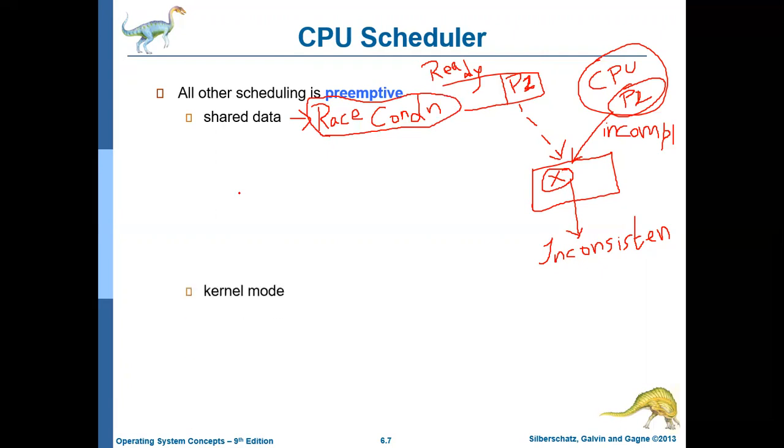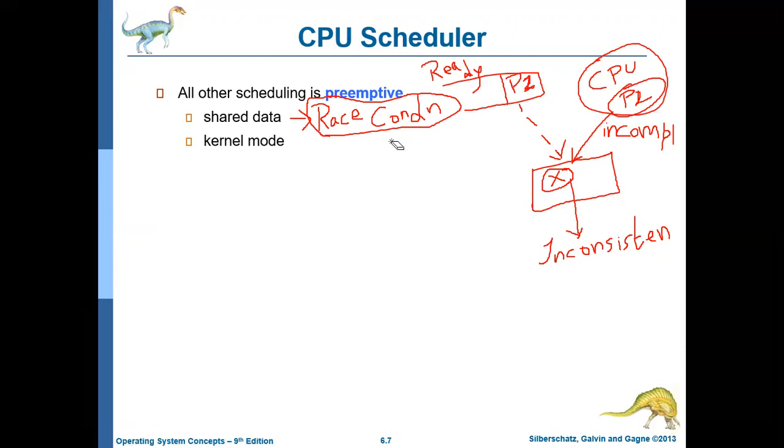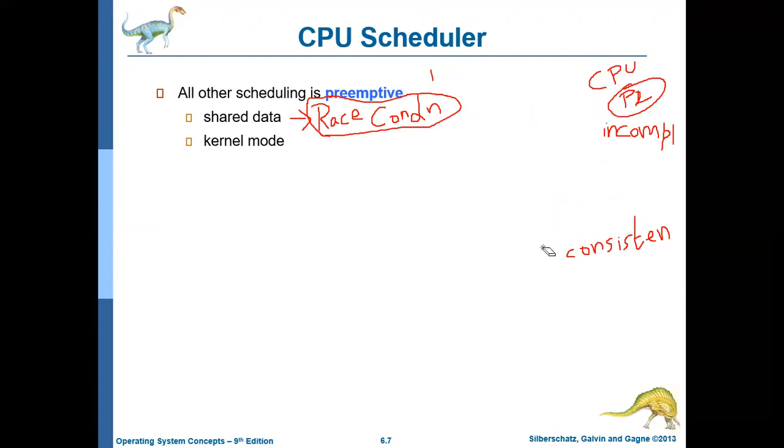Similarly, there is another problem with preemptive scheduling. We know that there are two types of process: user process and kernel process. User processes are the ones created by the user program, and kernel processes are the ones created by the operating system. Both user processes and kernel processes are executed by the CPU, that is, the processor.